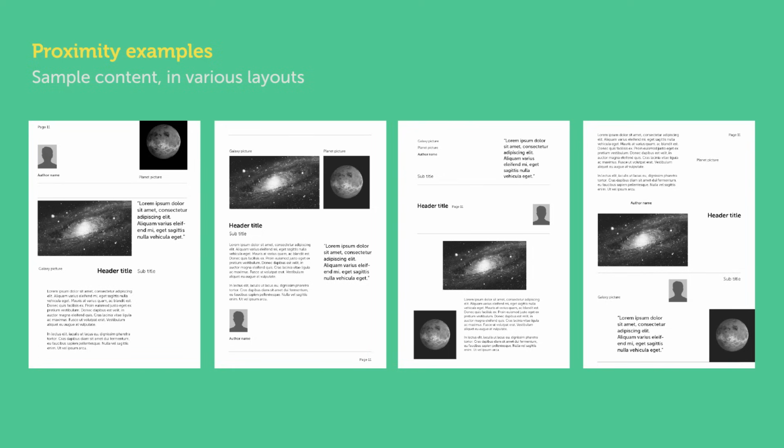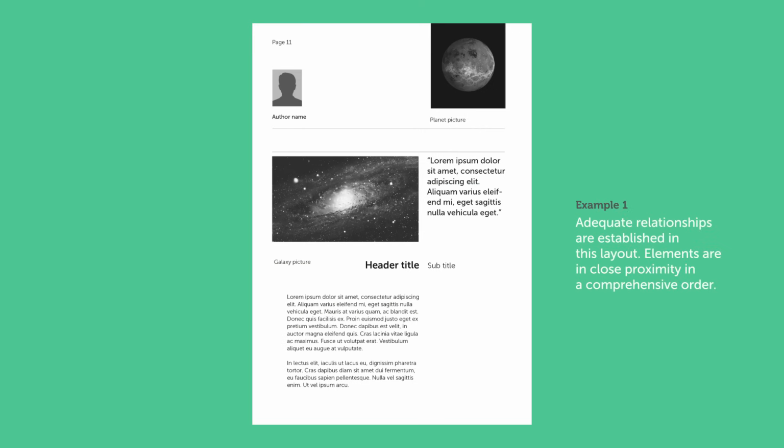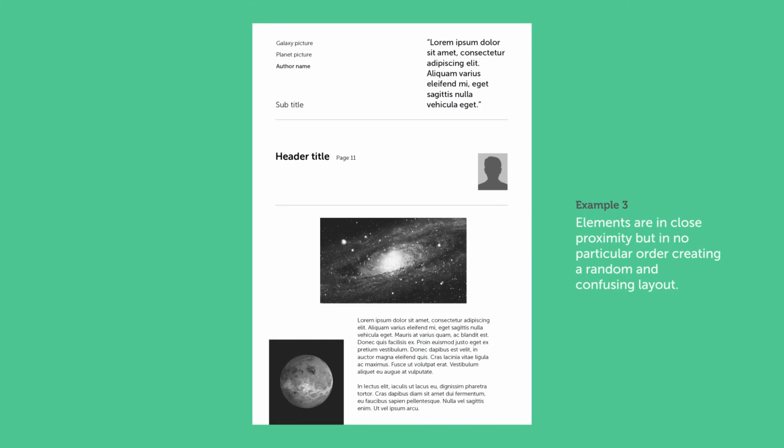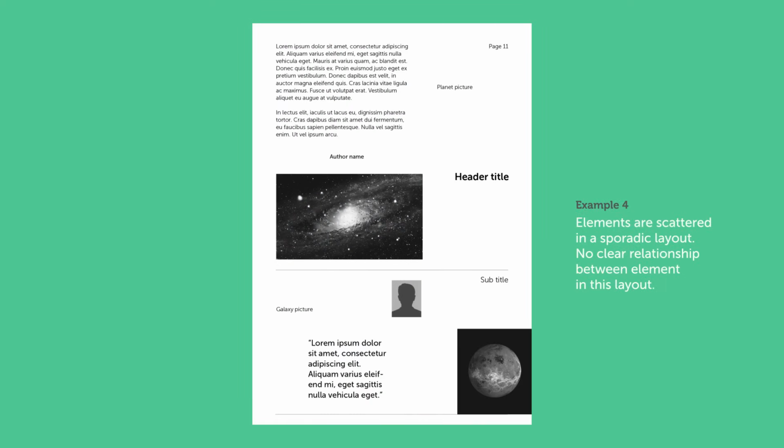Now, audiences should never have to work at trying to figure out which caption goes with which graphic, or whether or not a line of text is a subtitle or a line of text unrelated to the title. Viewers should never have to work at trying to figure out the connection of information in a design. This makes for a poor user experience and an inability to digest information.